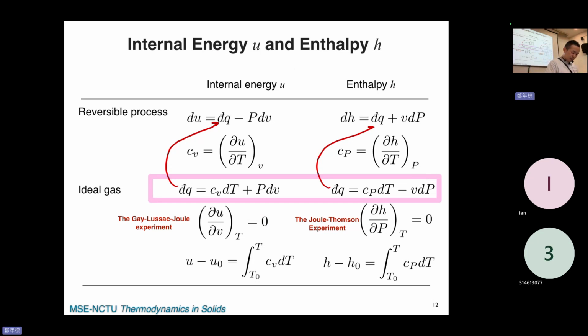Then we substitute d bar Q into internal energy and enthalpy, and we also know that dU equals CV dT, and we know that dH equals CP dT. All these things we have introduced in the last PDF, last time. So I just want to remind you what this is.